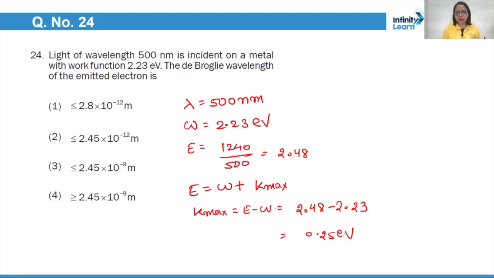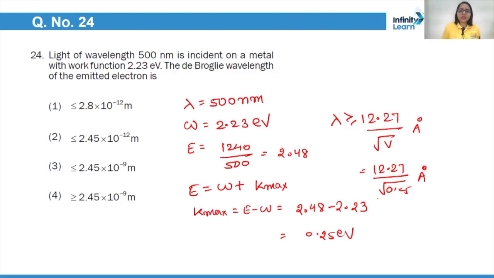So after this, you can use this expression. Lambda is equal to 12.27 divided by under root V angstrom, right? So it should be 12.27 divided by under root 0.25 angstrom. If you solve this one, you'll get your answer as option 4, 2.45 into 10 power minus 9 meter, right? So correct answer is option 4.